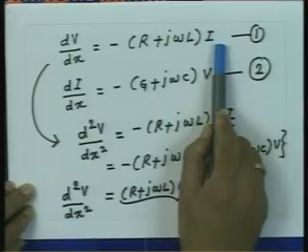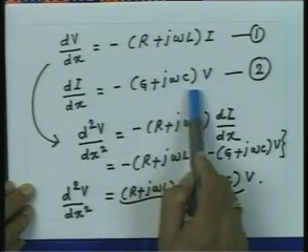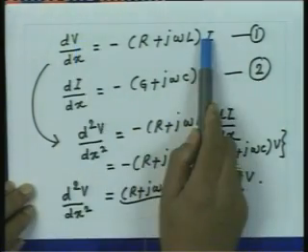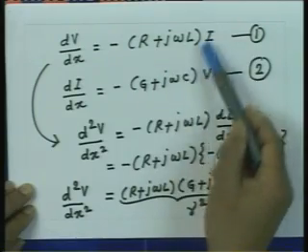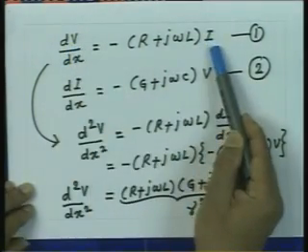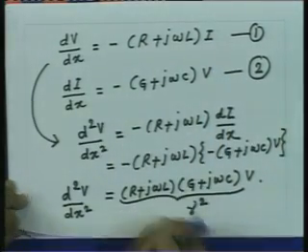If you recall, we had dV by dx equal to minus (r plus j omega L) into I, and dI by dx equal to minus (g plus j omega C) into V. Now, I know the expressions for V and I, so I can take any of these two equations, substitute the general expressions for V and I, and then try to establish a relationship between the arbitrary constants.